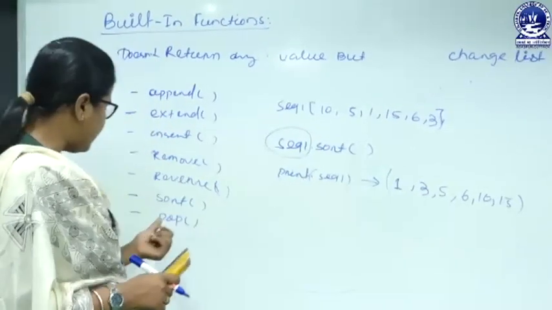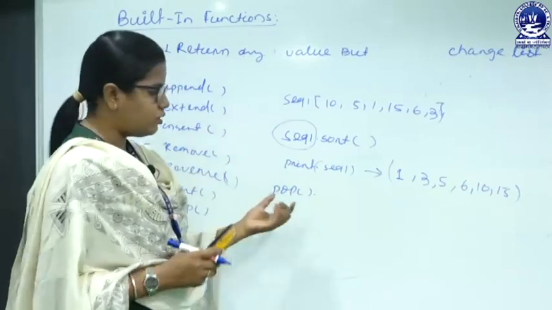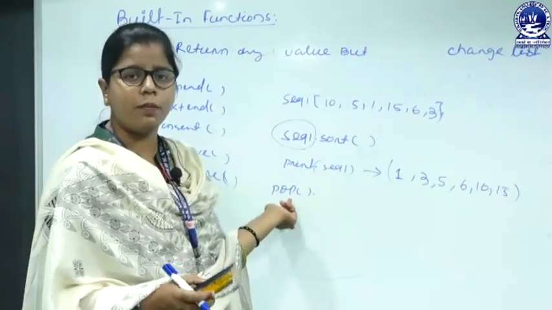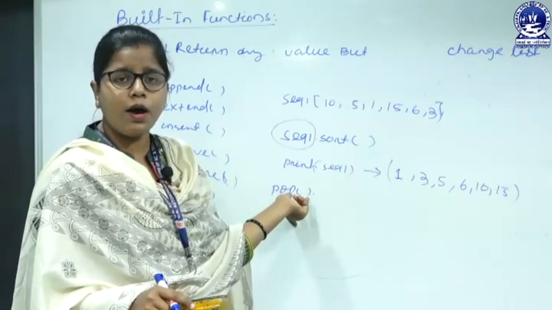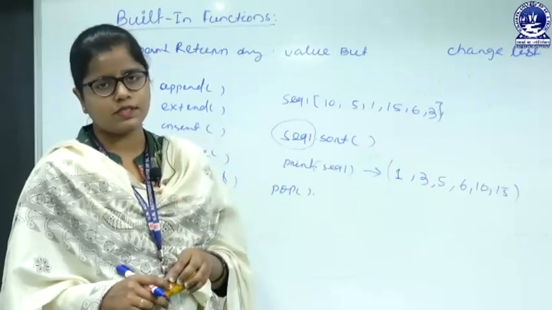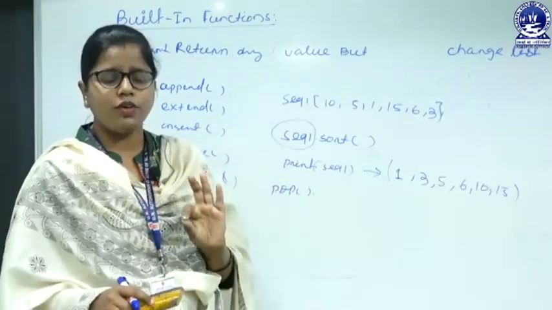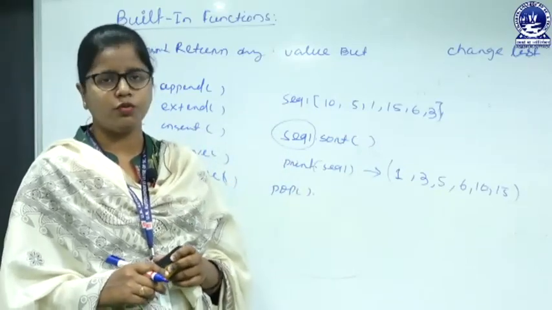And the last function is pop. I hope you people know about pop. Pop means pop and push. We have already used it in stack. Pop means we are deleting or extracting an element from the stack. Like that, when we want to remove the last element of the list, then we will go for pop.